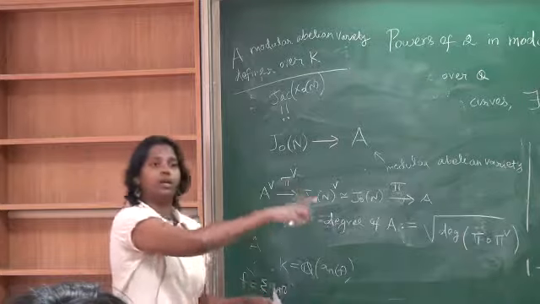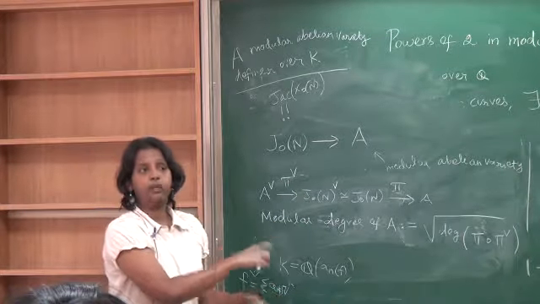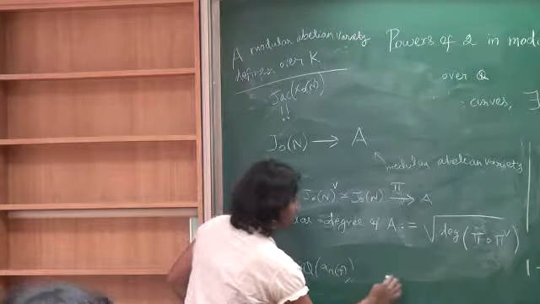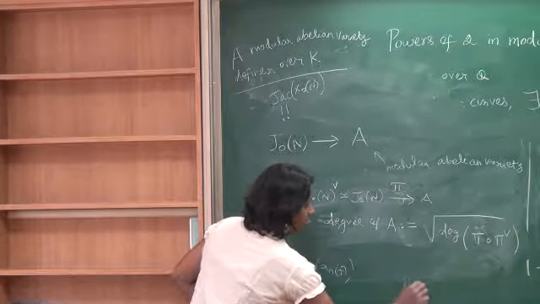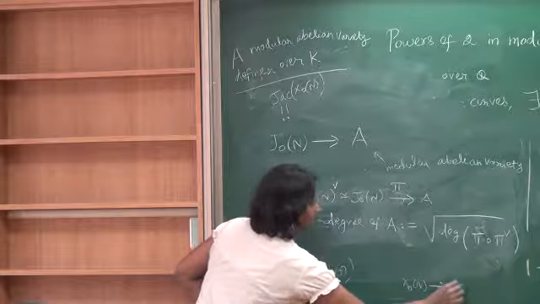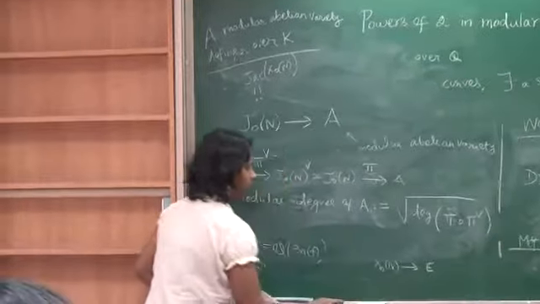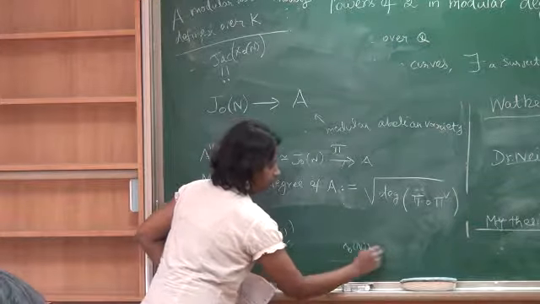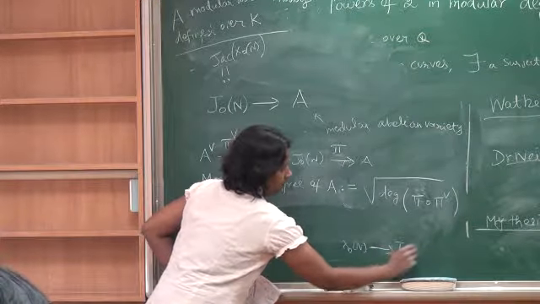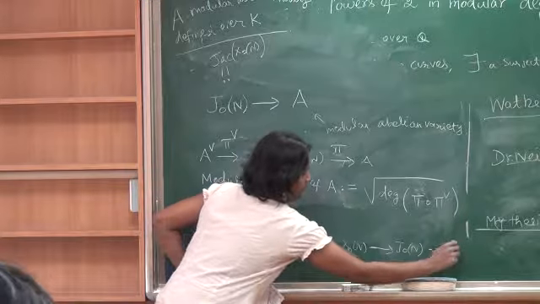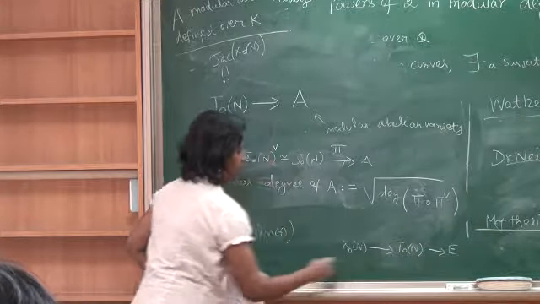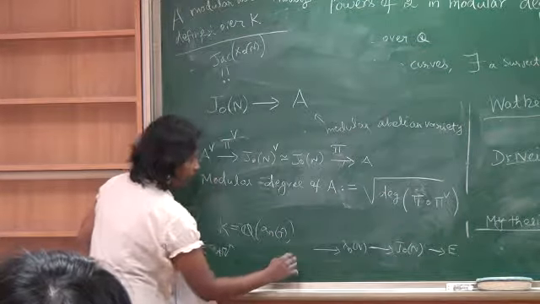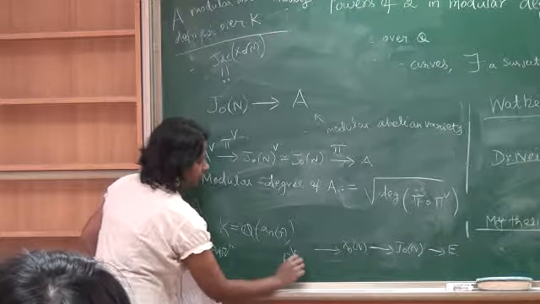And this definition and the elliptic curve definition match, because in the elliptic curve case we had X_0(N) to E, and if I consider the dual of the whole map, then that is E dual.